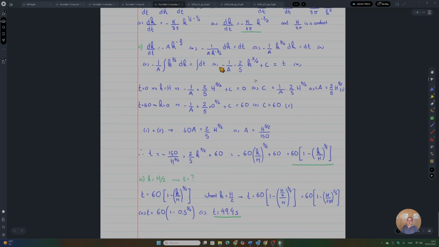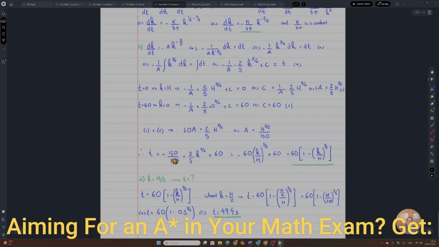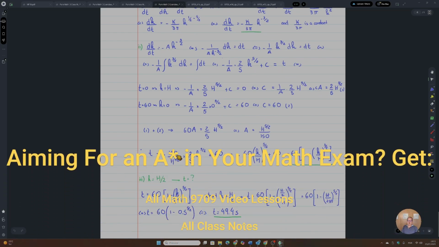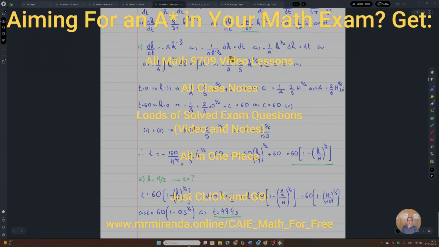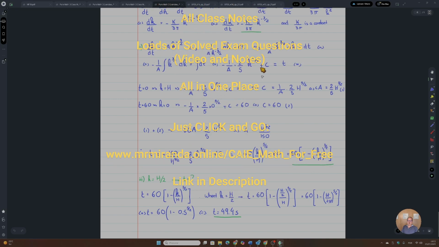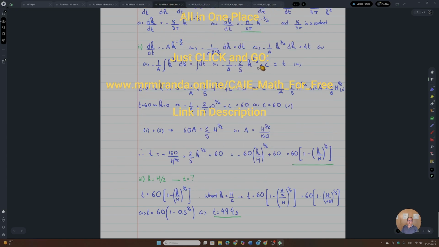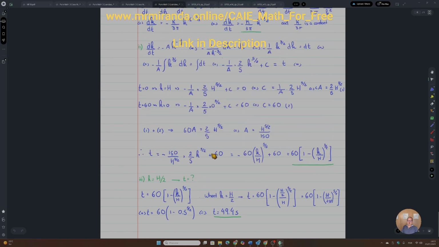So I can update that equation in terms of t, which is going to be minus 150 over capital H to the power of 5 halves, that comes from there, times that stuff, plus c, which is 60. I can simplify further because I have 2 things to the power of 5 halves, so I can put it as a single fraction with the same power.